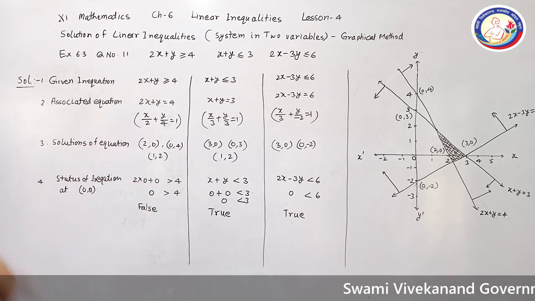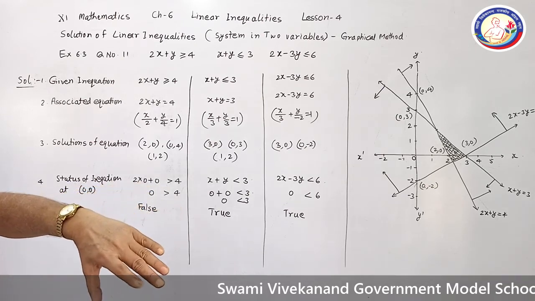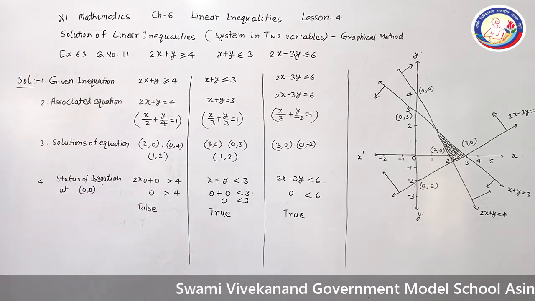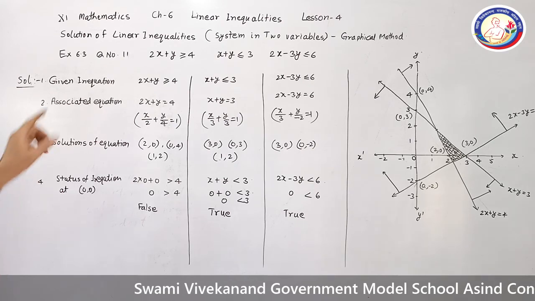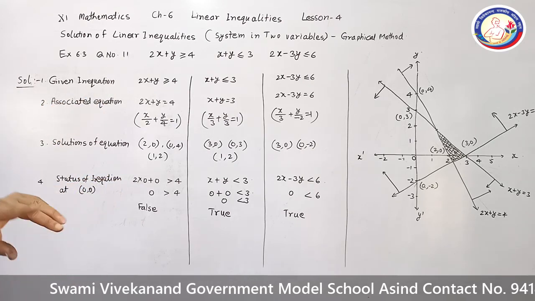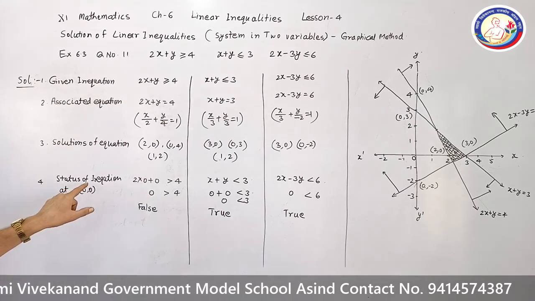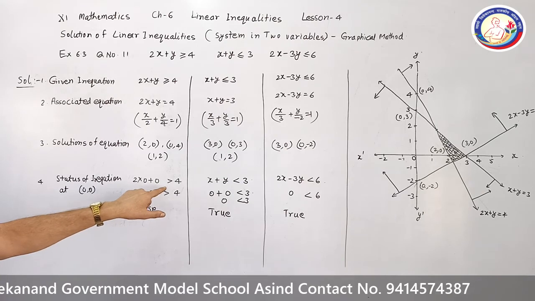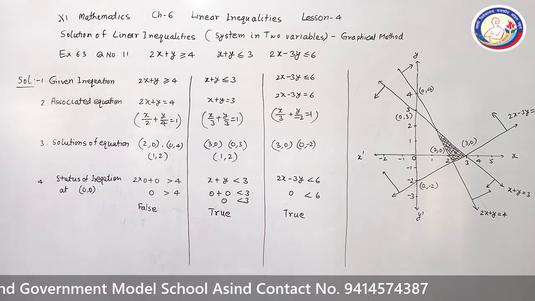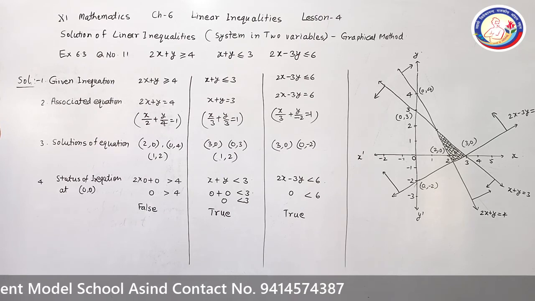So what is important here? The important point is to find the solution region, the half plane for the given inequality, and for this we put the coordinates of the origin 0, 0 in the inequality and decide which half plane will be the solution.